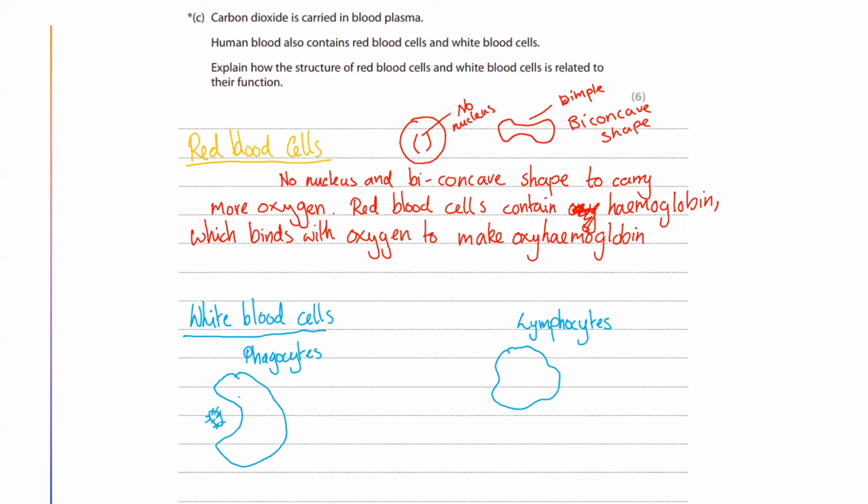Phagocytes ingest, these are part of the immune system. Both are white blood cells. Phagocytes ingest pathogens, so killing them.